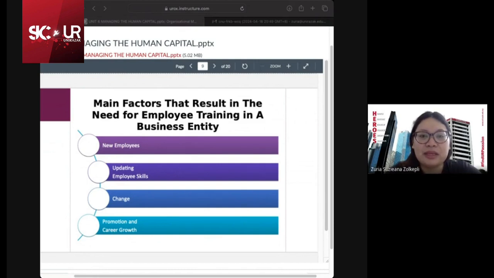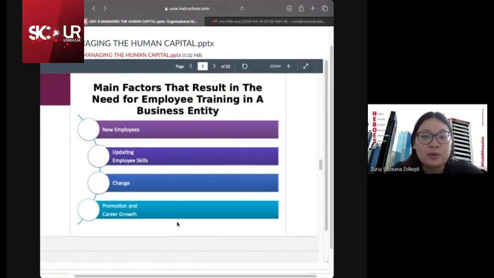So they should engage with training. And then change, for example, any kind of changes in the company. So maybe you are moving towards a new strategic planning, and then you adopted a new technology. So definitely you need training for that.